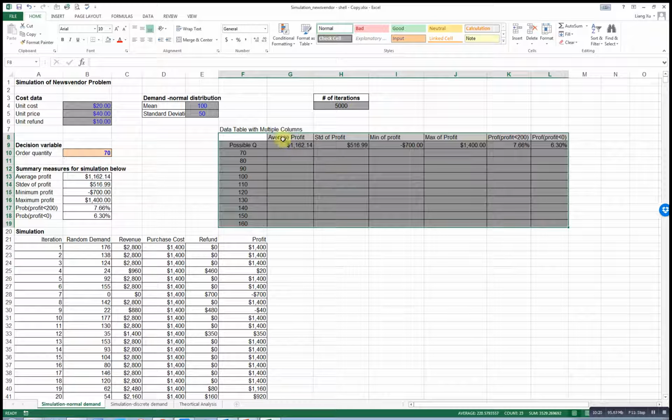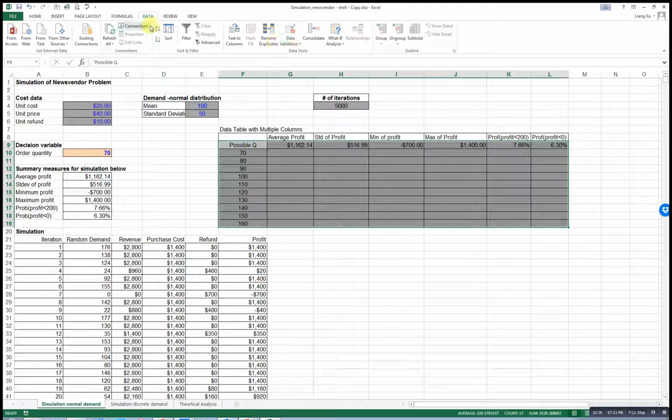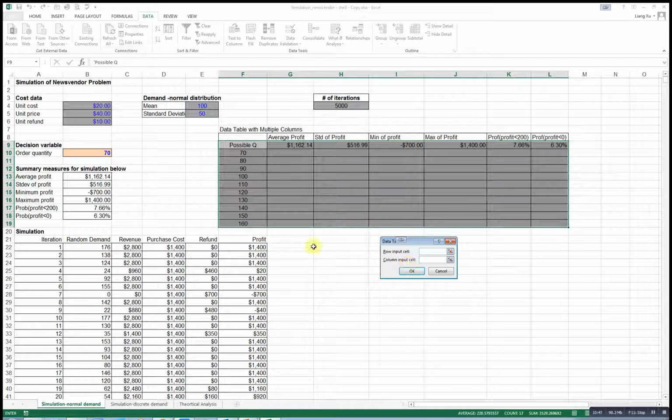So let's first highlight this region and then go to Data, What-If Analysis, Data Table. What we want to put is the column input cell, because the order quantity is arranged in a column, and the cell I want to put is order quantity, because we are going to change the order quantity according to this column. So that's the idea. Press OK, then we get the solution.